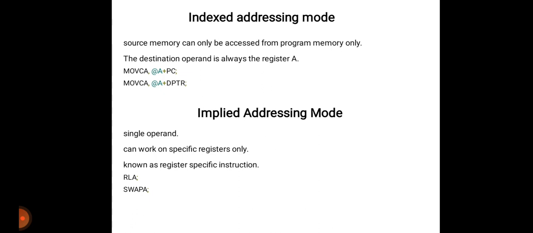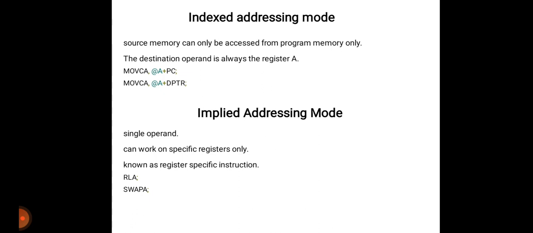The C in MOVC refers to the code byte. Let us consider that the instruction holds the address 30H and the program counter value is 1125H. Then the contents of the program memory location 30H plus 1125H are moved to register A, the accumulator.